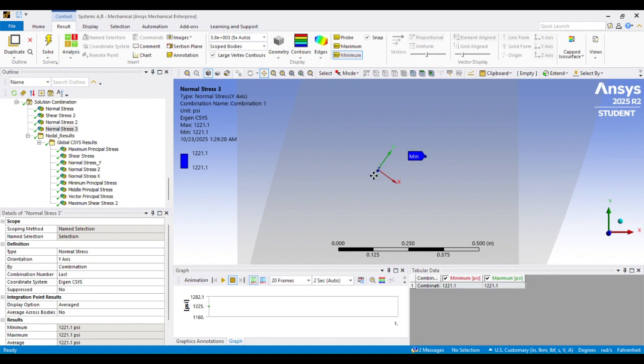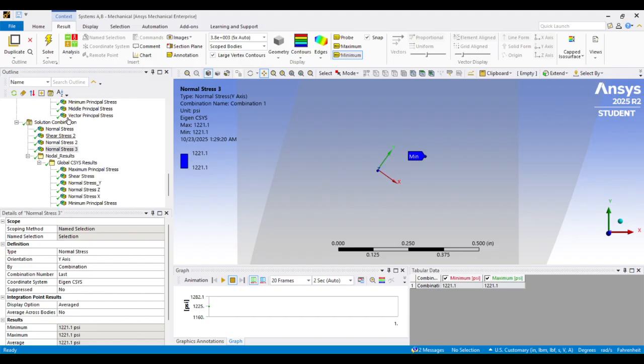And that makes sense. But I think it helps to see if you do this out that the principal stress is acting in this direction, and you can create a coordinate system that aligns with that principal stress.